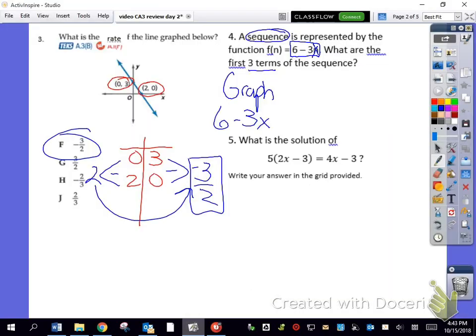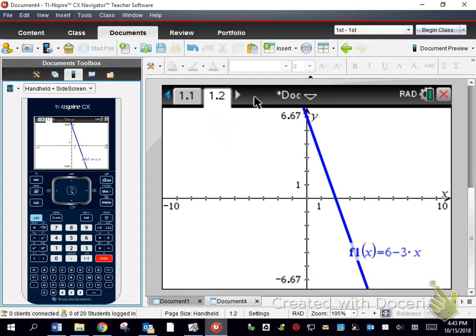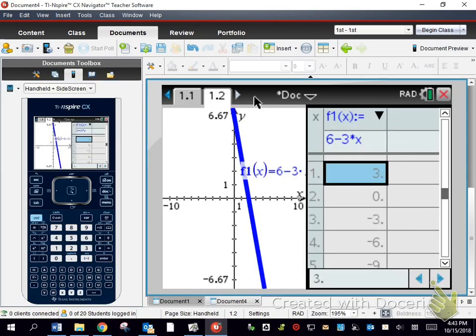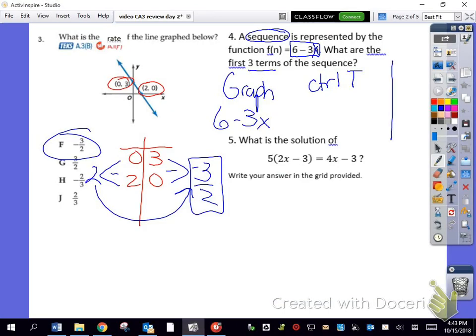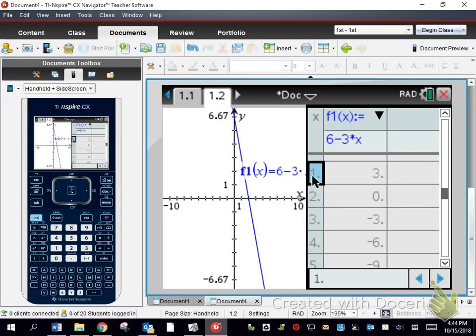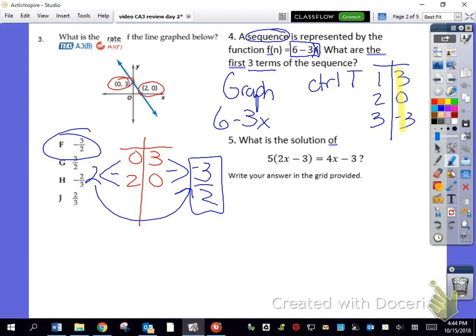Then go to your table with Control T. They want the first 3: 1 goes with 3, 2 goes with 0, 3 goes with -3. So these are the answers I would look for: 3, 0, -3. Those are my first 3 terms.